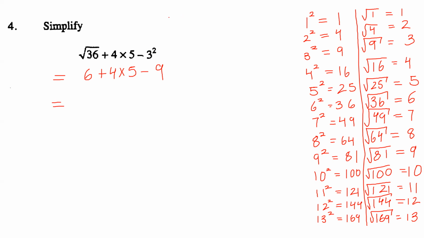Because of PEMDAS. Some of you might learn it as BODMAS or PEMDAS. So the P is for what? Parentheses. The E is for what? Exponent. The M is for what? Multiplication. The D is for Division.